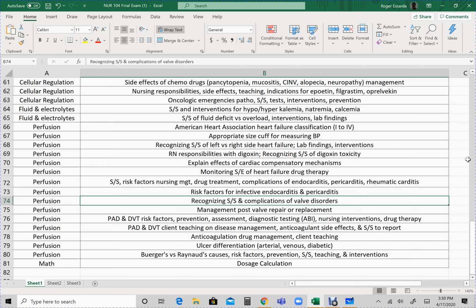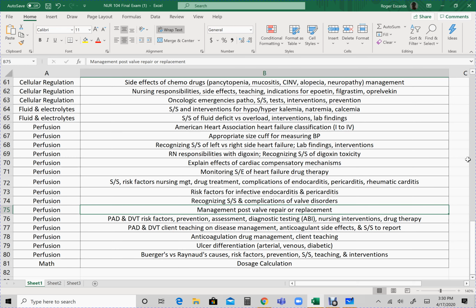I have two questions on the valve disorders. This one is recognizing signs and symptoms. Your book only mentioned and discussed mitral valves and aortic valves, I believe. And your management after a patient undergoes either valve repair or replacement.